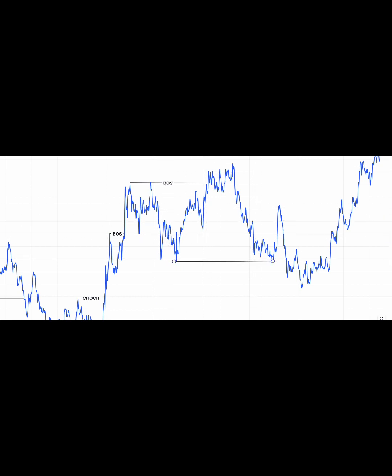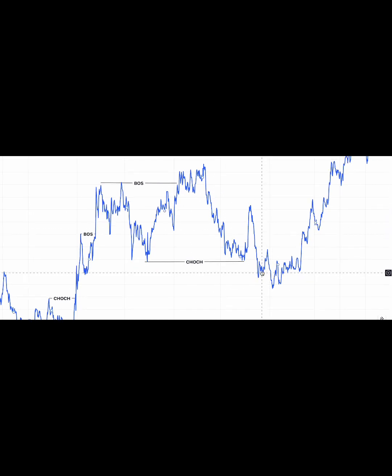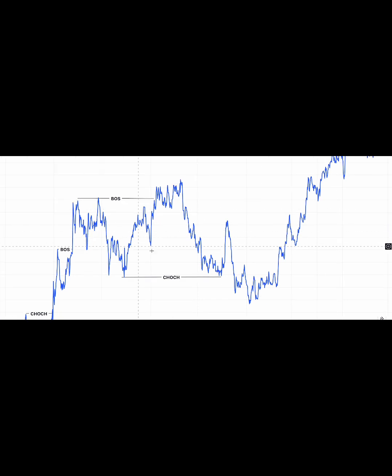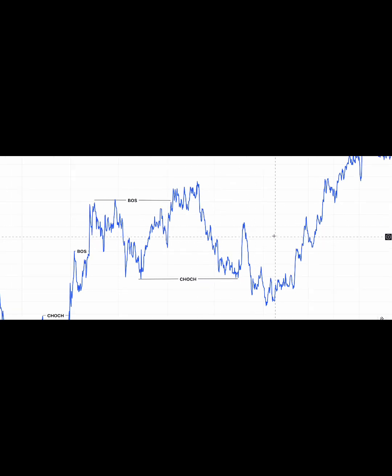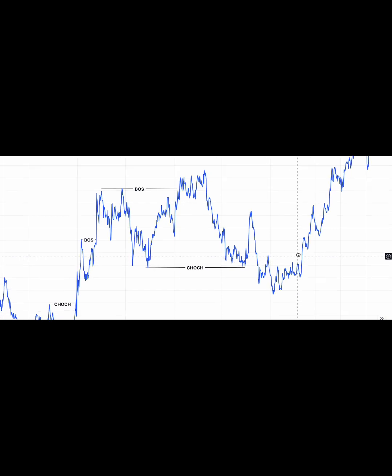So this is also one of the important lows when we have the CHOCH. But not every CHOCH will be responded to by a BOS. Sometimes a CHOCH can be responded to by a CHOCH. That means the market is indecisive. They have no clear direction here, so we don't know whether the buyer or the seller is in control. They are still struggling in the range right here.